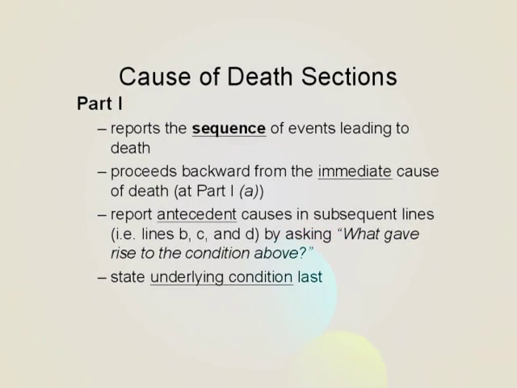The last condition entered in this section is considered the underlying cause of death. A condition should be regarded as being antecedent, not only in an etiological or pathological sense, but also where it is believed that this condition paved the way for the immediate cause by damaging tissues and impairing organ function, even after a long interval.